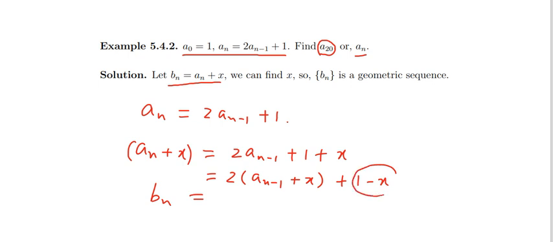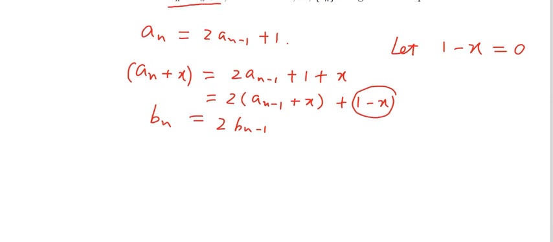So if this 1 minus x equals 0, we let 1 minus x equal 0. Then we get b_n equals 2 times b_(n minus 1). Maybe we can change this to b_n, or we can keep the original.